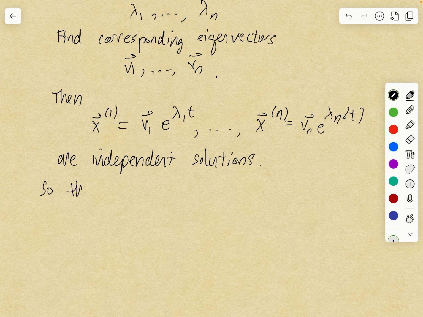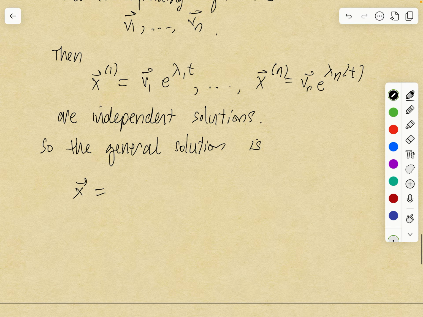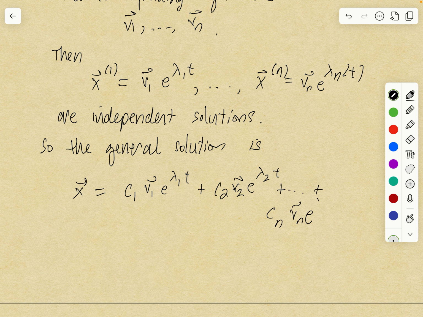So the general solution is x equals c1 v1 e to the lambda 1 t plus c2 v2 e to the lambda 2 t plus dot dot dot plus cn vn e to the lambda n t.